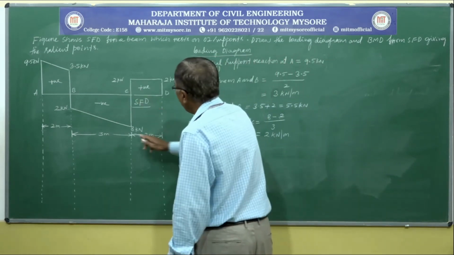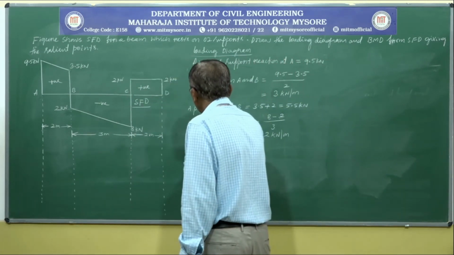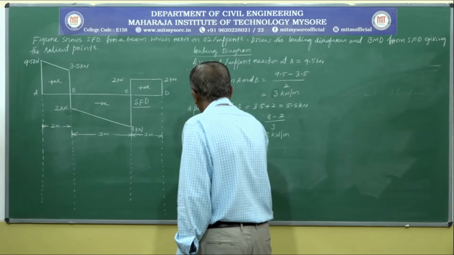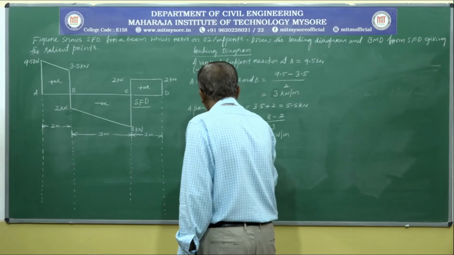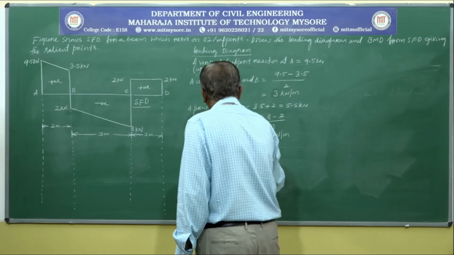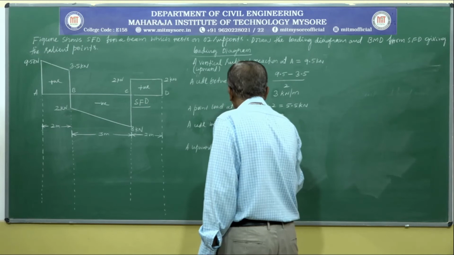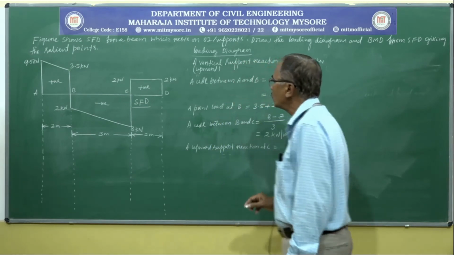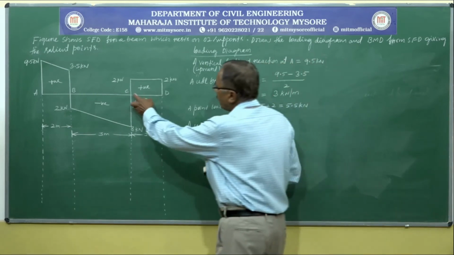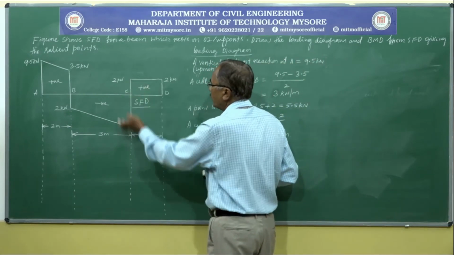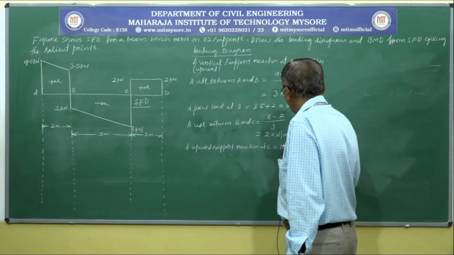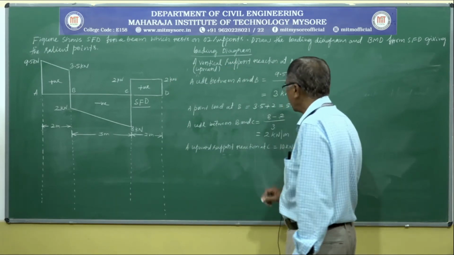Next, an upward support reaction at C is equal to, again here below reference line 8 kilonewton, above reference line 2 kilonewton, 8 plus 2, that is 10 kilonewton.